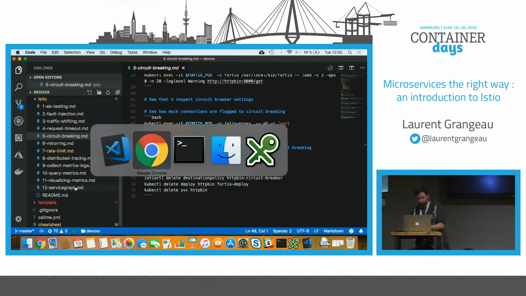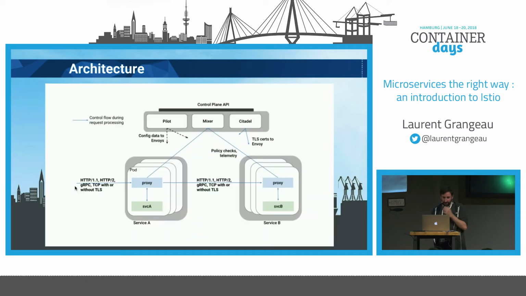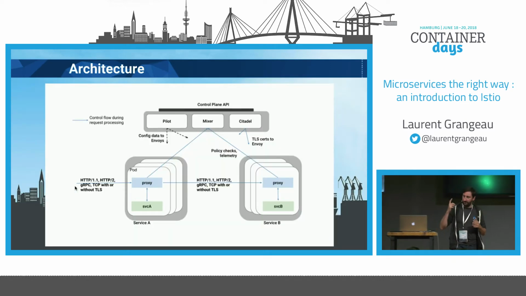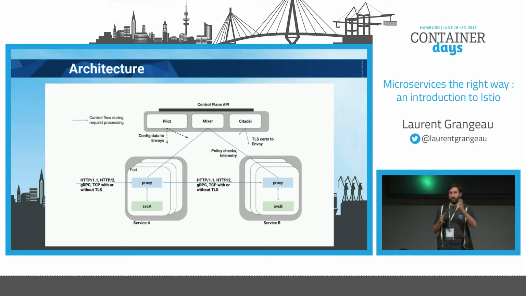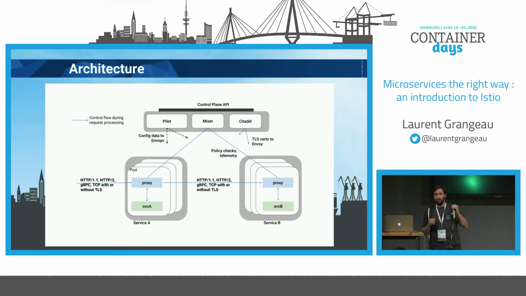So the mixer, in the architecture here, enforces authorization and authentication between pods. And Citadel, at the far right, defines certification, authentication, certification rotation, and mutual TLS authentication. So this is not plugged into an RBAC system. You can continue to use the RBAC system of Kubernetes, but this is to isolate some sets of pods from each other.